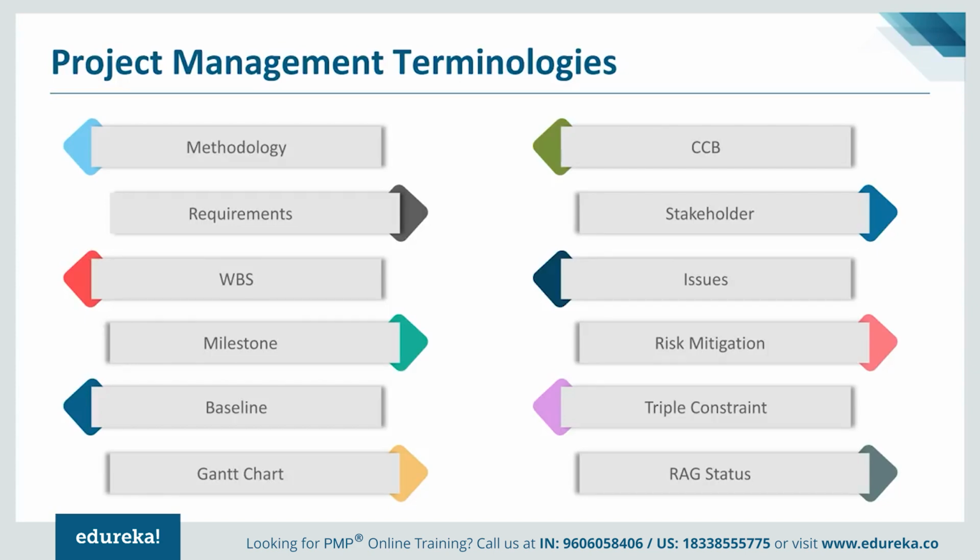RAG status. On a project, when you start communicating about the project progress, stakeholders will ask about the RAG status of the project. So is it red, green, or amber? If your project is running as per the plan that you have agreed upon, that means it is certainly green.